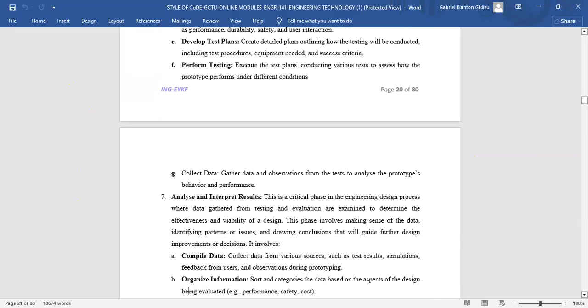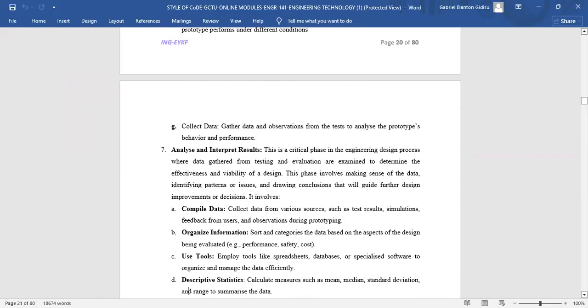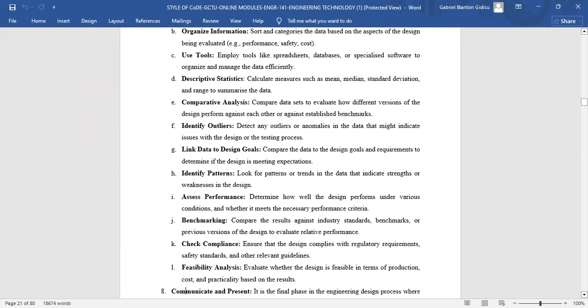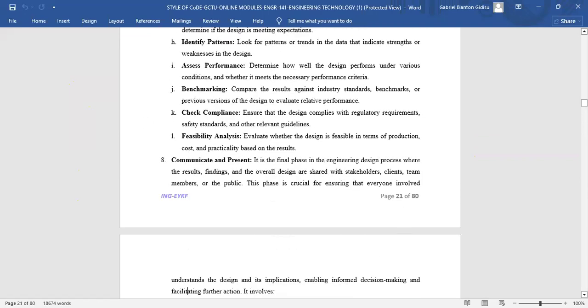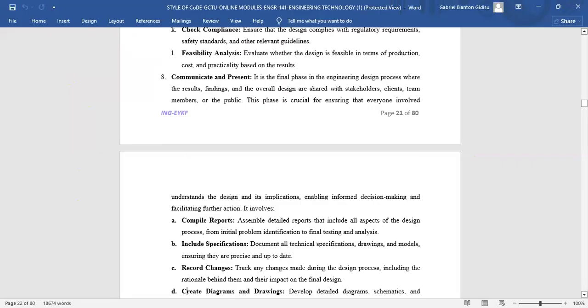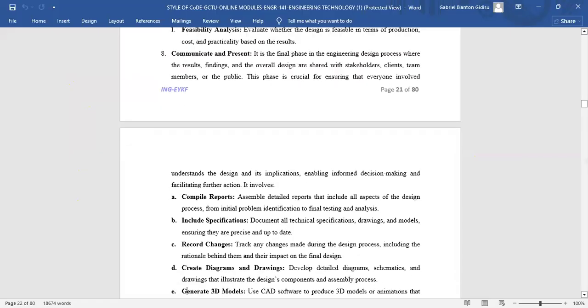The seventh one is analyze and interpret results. We discussed it. Then the eighth one, communicate and present. So you see, compile reports, include specifications, like I said, record changes, create diagrams and drawings.